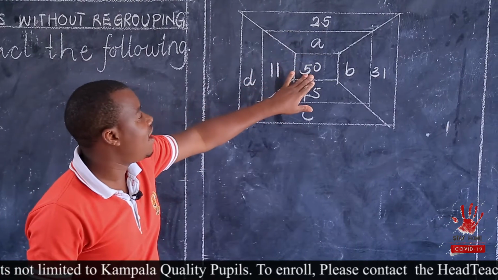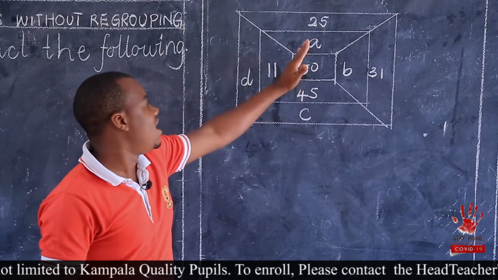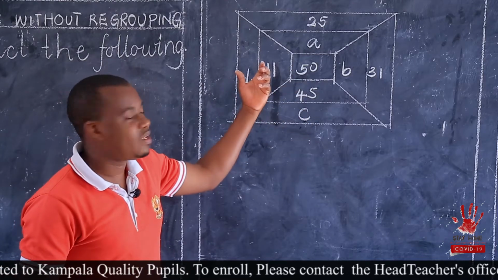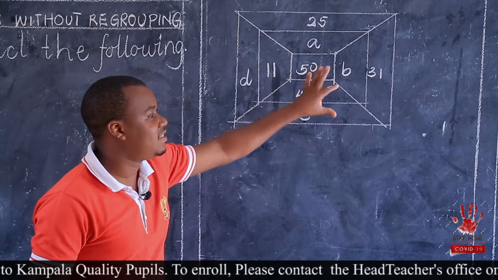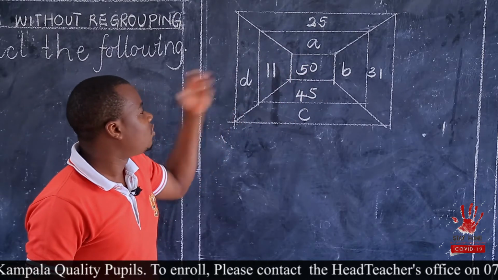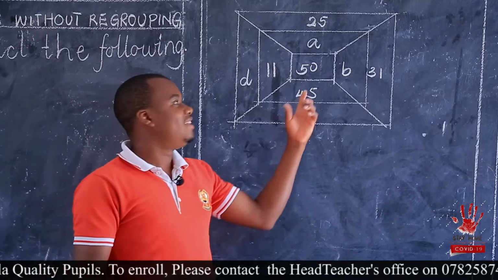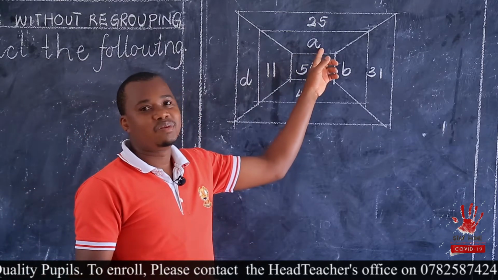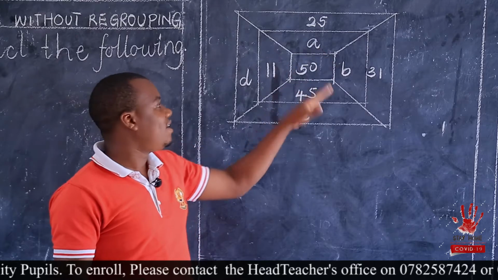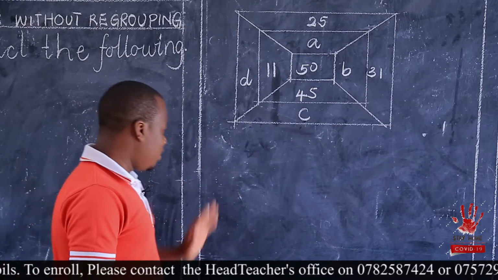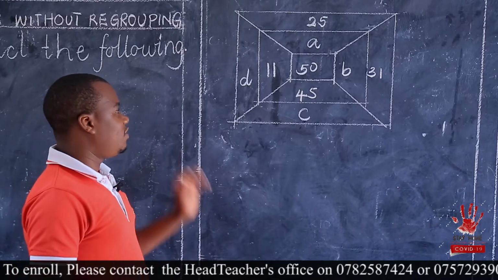Are they near the center, or is the number far from the center, in the next circle? So that's how we get. And we said, when it is near, what do we do? We subtract. When it is far, what do we do? We add. So we are going to solve this and complete it very well.